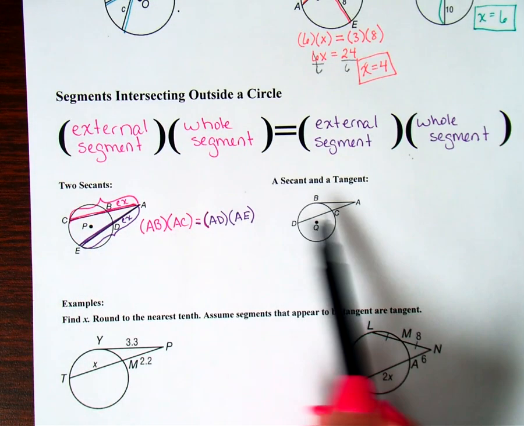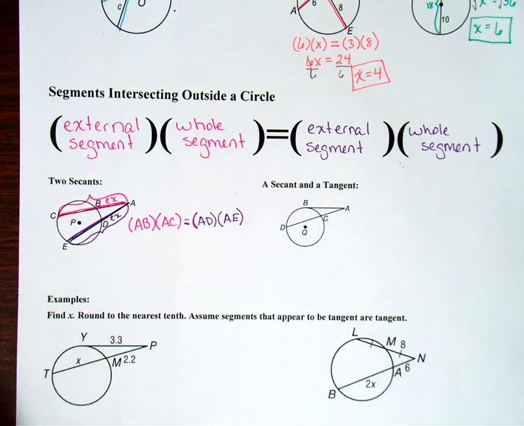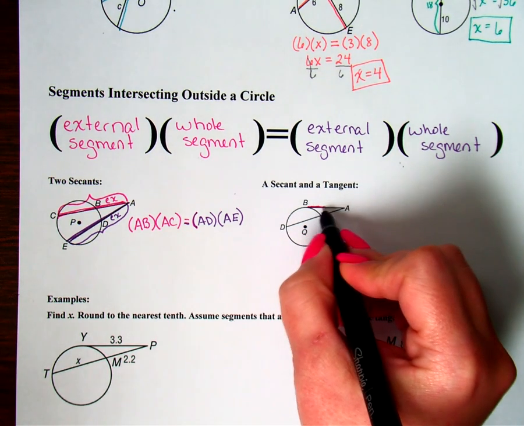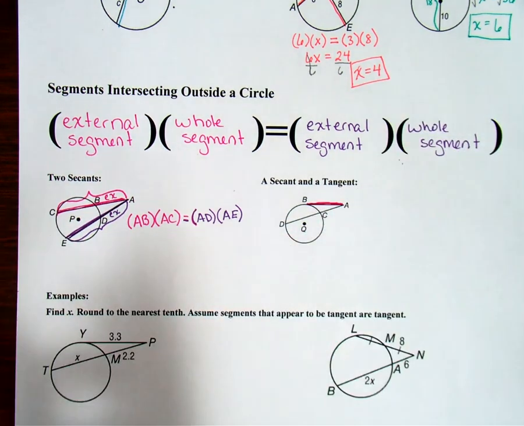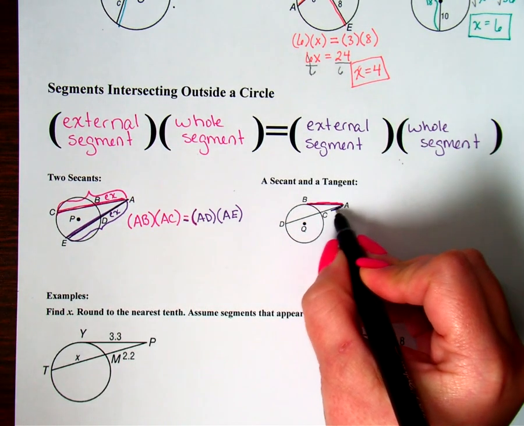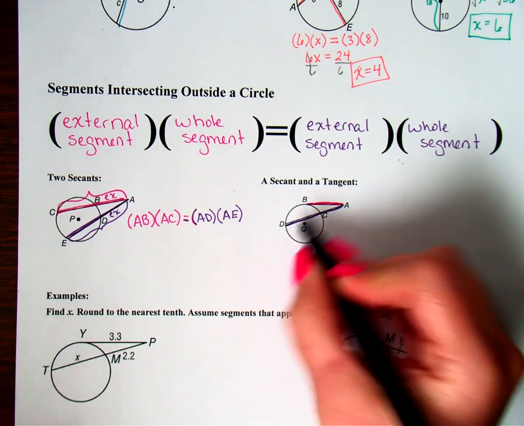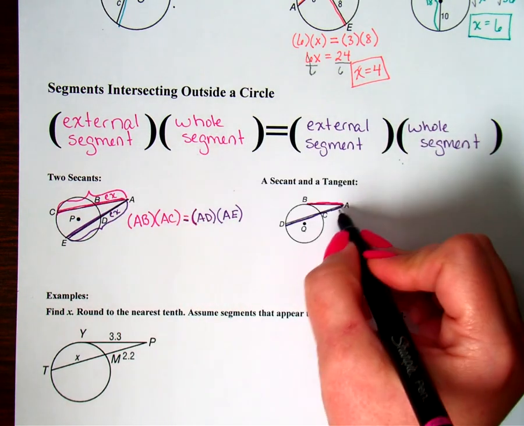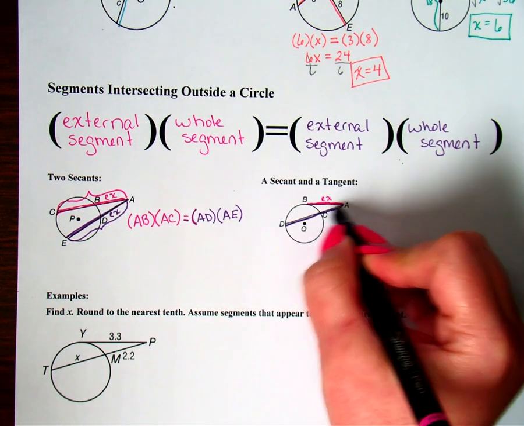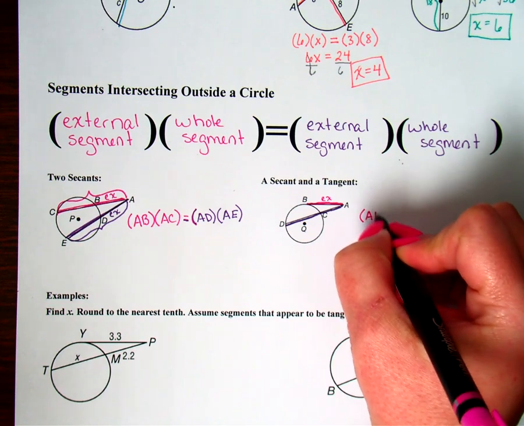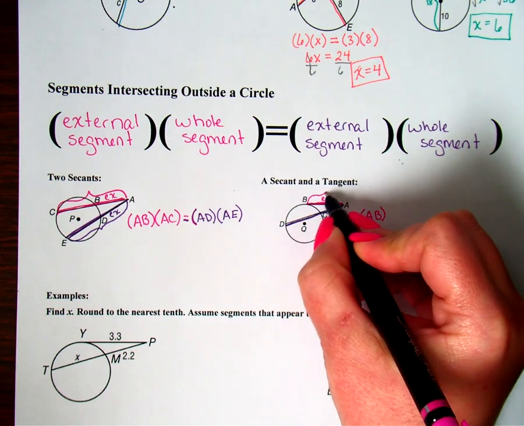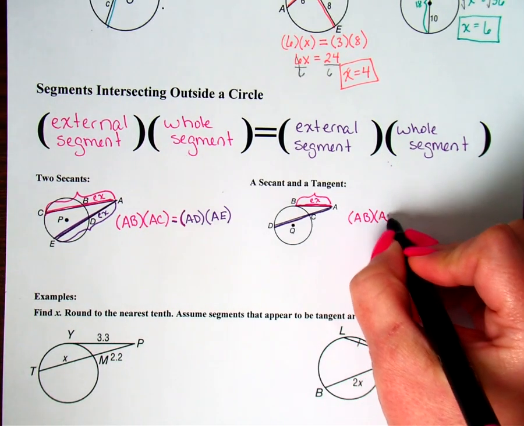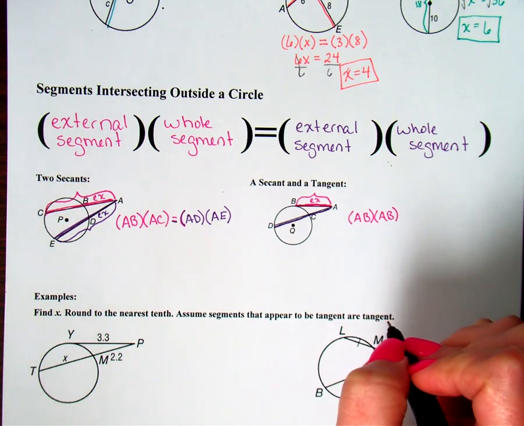If I have a secant and a tangent, I do the exact same thing. I'm going to look at my two segments. One of them is pink, and one of them is purple. I'm going to do my external times my whole. My external is AB. My whole on this one, if it's a tangent, is also going to be the exact same thing. That's going to be unique when you have a tangent, it'll multiply to itself.